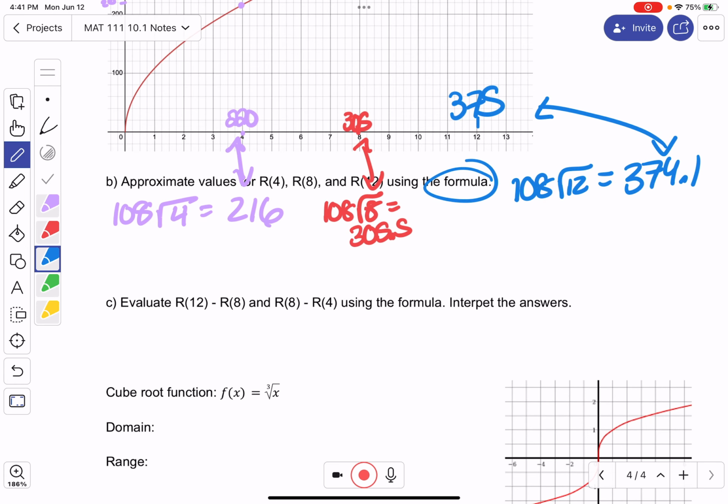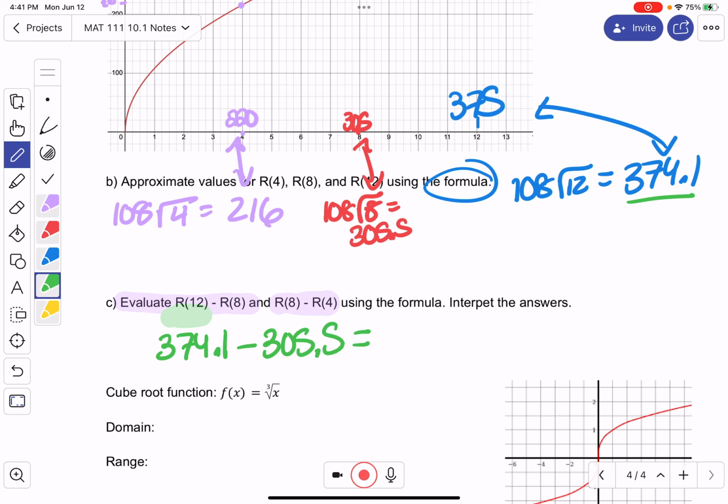Now, this last thing, evaluate r of 12 minus r of 8 and r of 8 minus r of 4 using the formula. So r(12), we got 374.1. r(8), we got 305.5. And if I subtract those, I get 68.6.